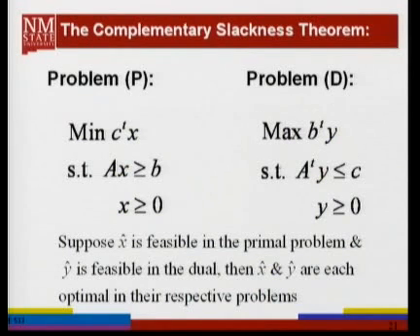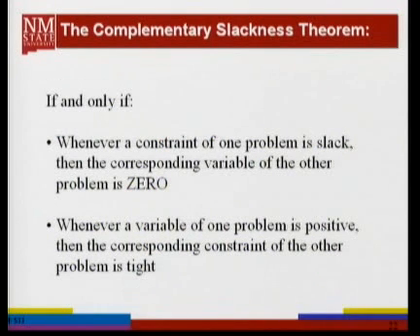Then x hat and y hat are each optimal in their respective problems if and only if, whenever a constraint of one problem is slack, the corresponding variable of the other problem is 0. And the theorem also tells us that whenever a variable of one problem is positive, the corresponding constraint of the other problem is tight, which is a binding constraint.